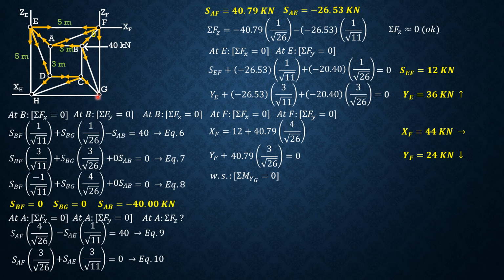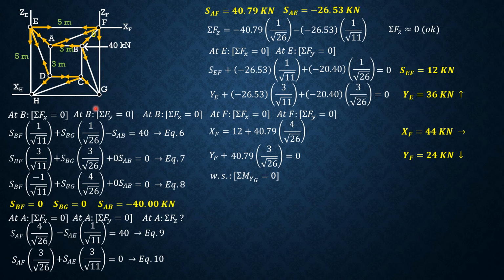The rest, G sub F passes through G, XH passes through G, and the rest of the reactions are vertical, so parallel to YG, as well as the 60 kilonewtons load. So the forces involved again are G sub E, XF, which is rightward, and 40.